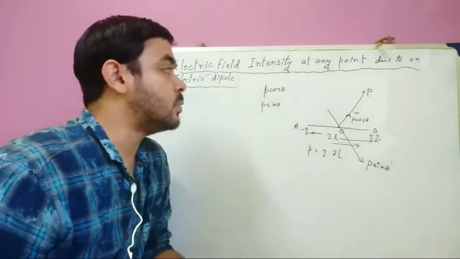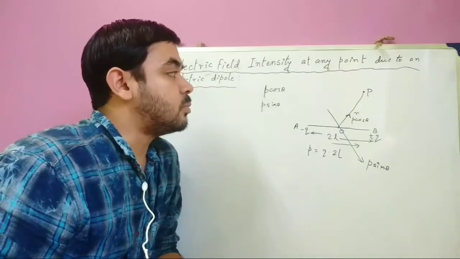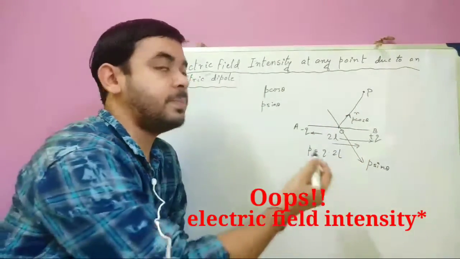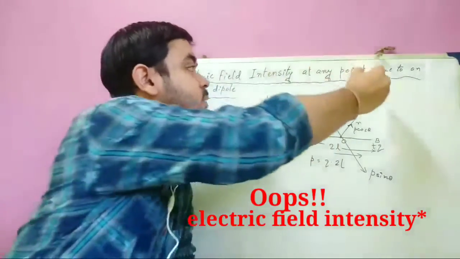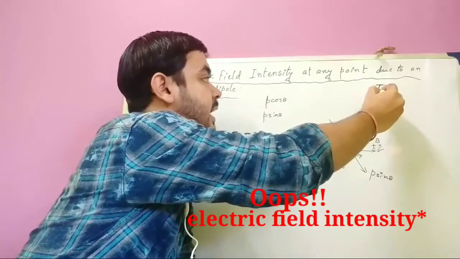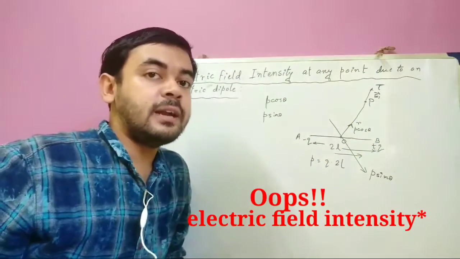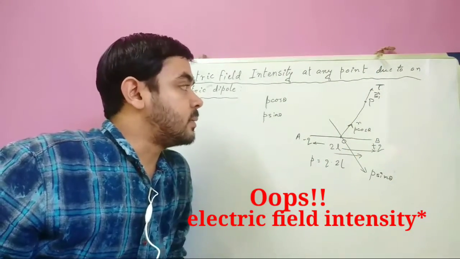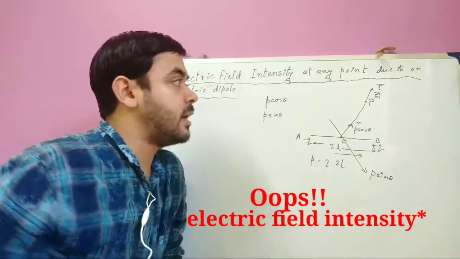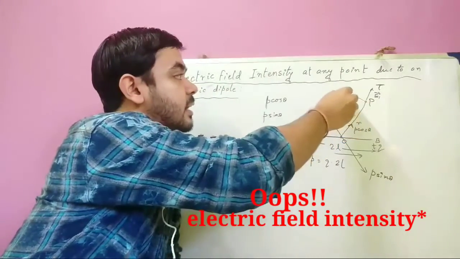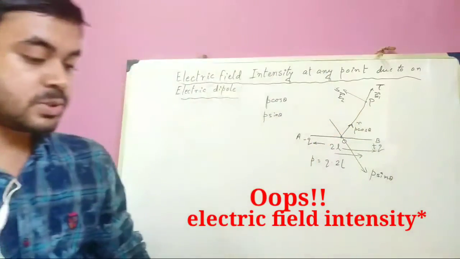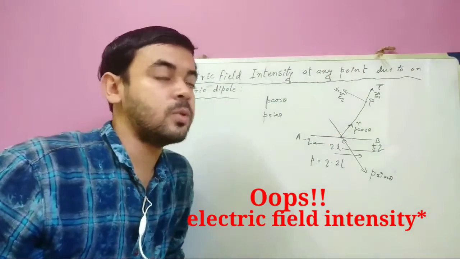Okay, now let the electric field due to the dipole of P cos theta be E1, and this is along PT. And the electric field due to the dipole whose dipole moment is P sin theta is directed along PS, and let it be E2.